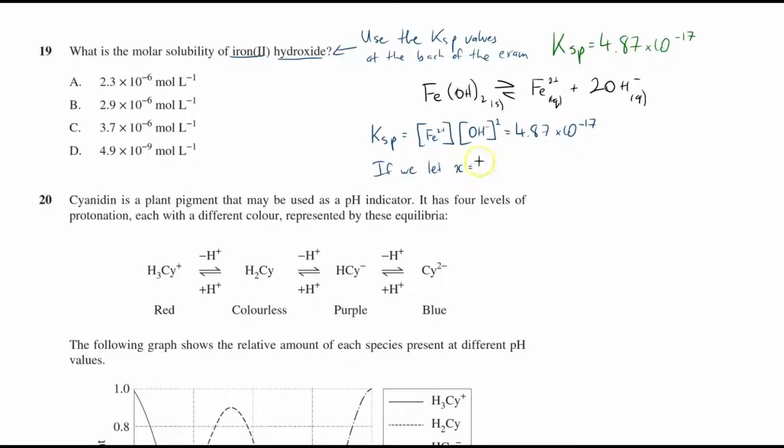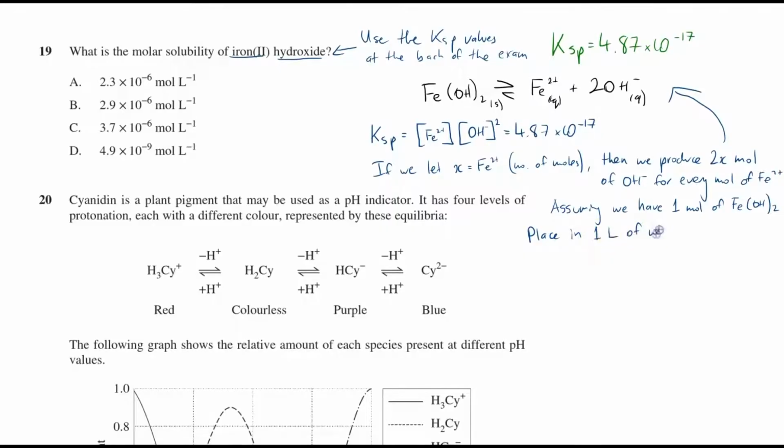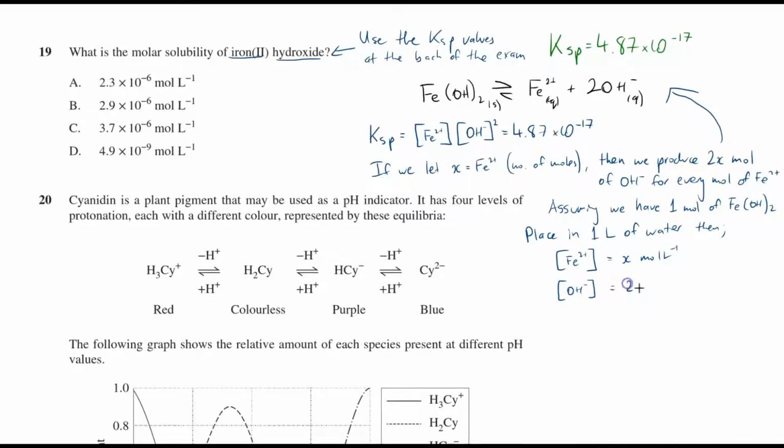If we let x equal the number of moles of iron ions, then we produce 2x moles of hydroxide ions for every mole of iron ions, based on the equation we have written down. Assuming we have 1 mole of iron 2 hydroxide solid, let's say we place it in 1 liter of water. Based on what we said before, the iron ion concentration is x moles per liter, and hydroxide ion concentration is 2x moles per liter after it reaches equilibrium, where x represents the amount of the solid that dissolved.